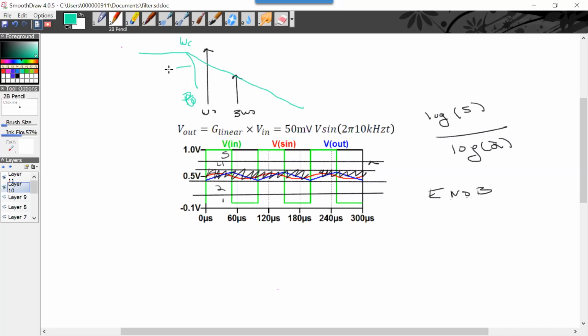The more I move this way, the more these will be attenuated. If I were out here, it never goes to 0, but it would certainly attenuate more than this.